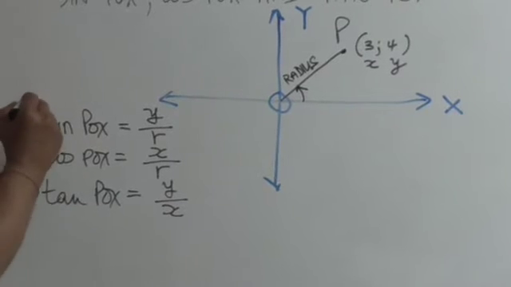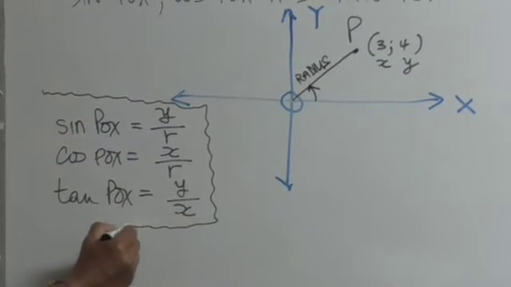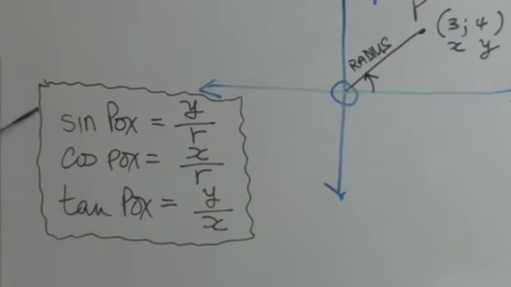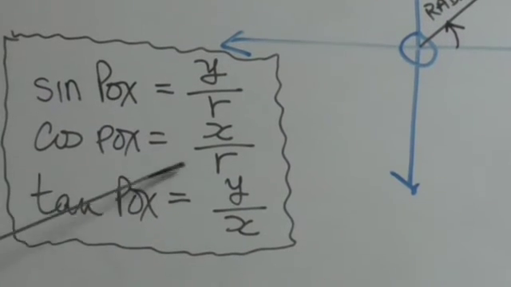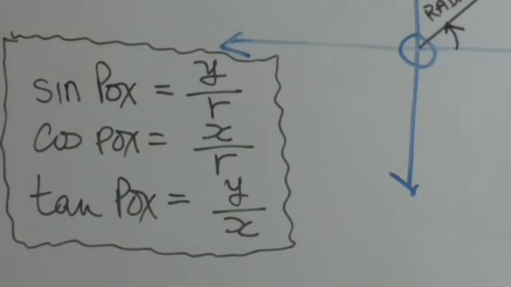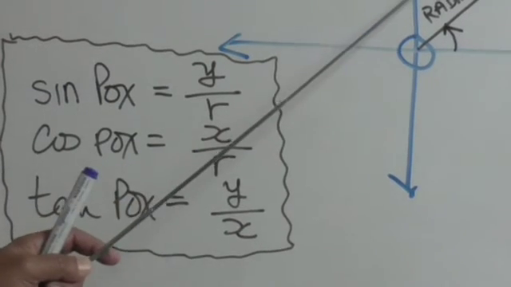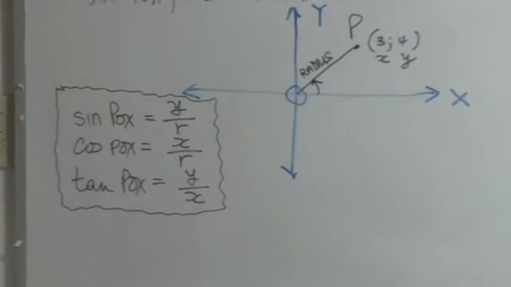So you now have a new way to write down the formula for sine, cos and tan. Sine is y over r, cos is x over r, tan is y over x. If you want those answers, you'll find that you've got x and y, but you haven't got r. So our first job is to find r.